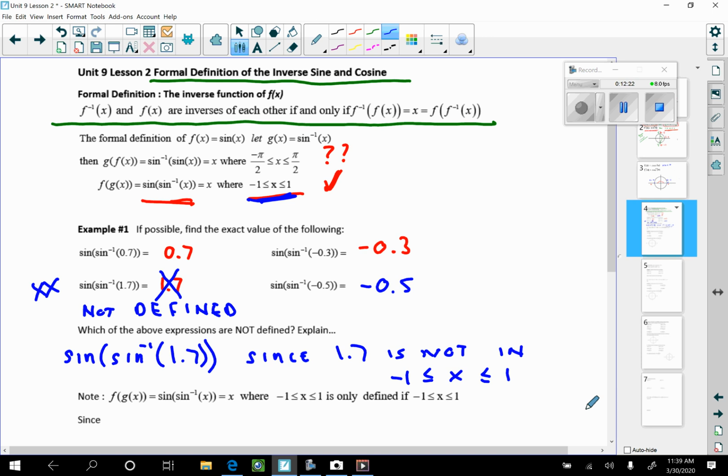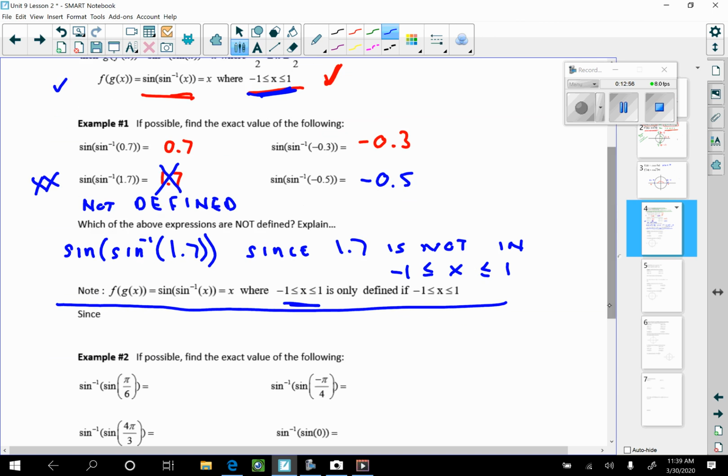So, pretty straightforward. When I go sine of inverse sine, it's going to be pretty straightforward. Sine of inverse sine is easy peasy. It's equal to x, and all I have to do is check whether x is between -1 and 1. And why is that true?